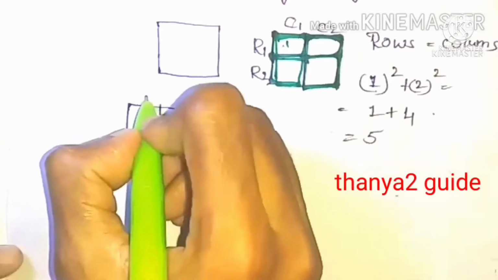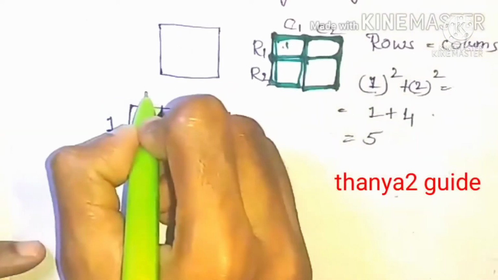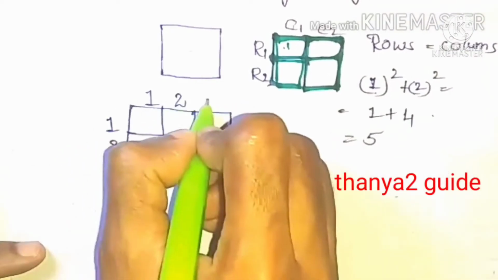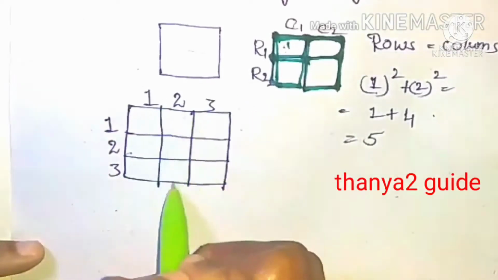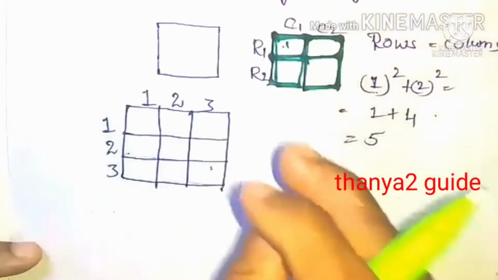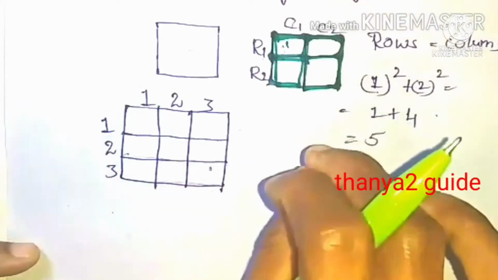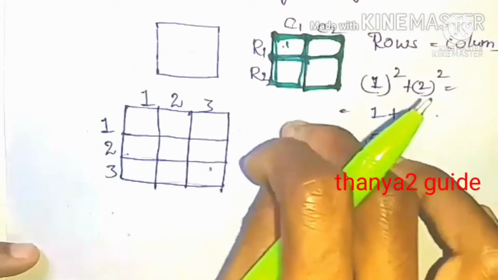Here you can see this is one row, this is second row, this is third row: 1, 2 and 3. These 3 are columns and these 3 are rows. One thing you have to observe here is that this condition is only applicable when the rows and columns are equal.